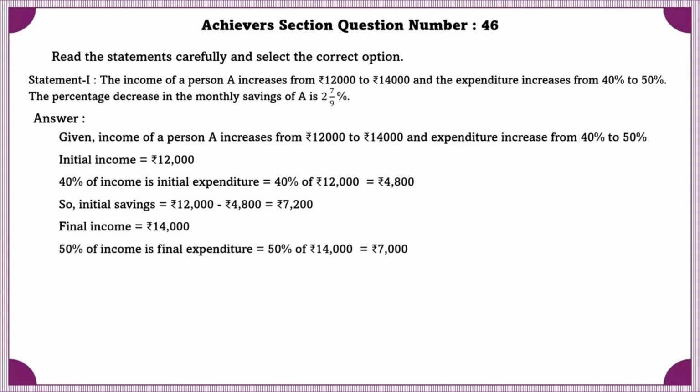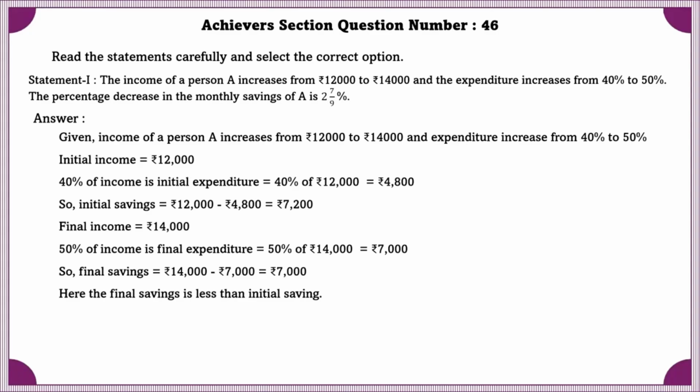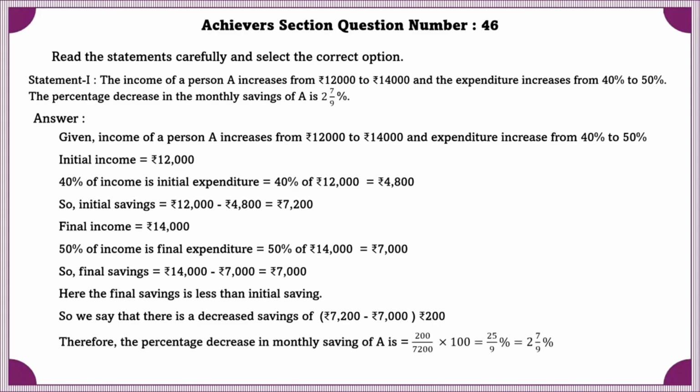So 50% of income is final expenditure, that is 7,000. So final savings is equal to 7,000. Here the final savings is less than the initial savings. So we can say that there is a decrease of savings as 200 rupees. Therefore, the percentage decrease in monthly saving of A is equal to 200 by 7,200 into 100, that is 27 by 9%. So this is true.